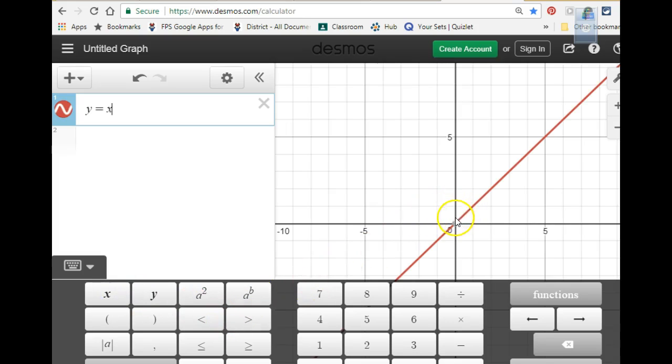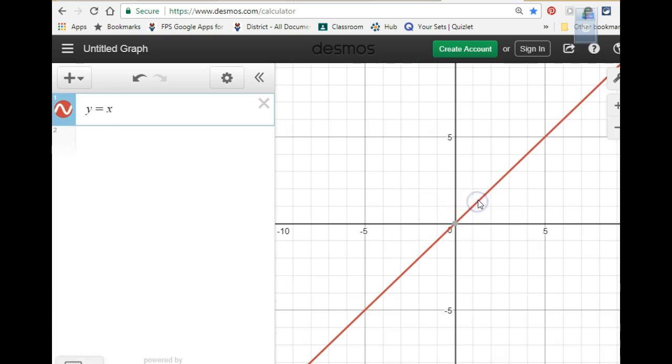Now, your line might be a different color, so if you click along that line and drag, kind of click and move along that line, what do you notice about every point on that line? About the x-coordinate and the y-coordinate? Are they always the same?